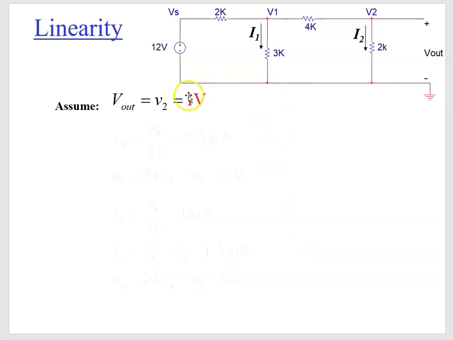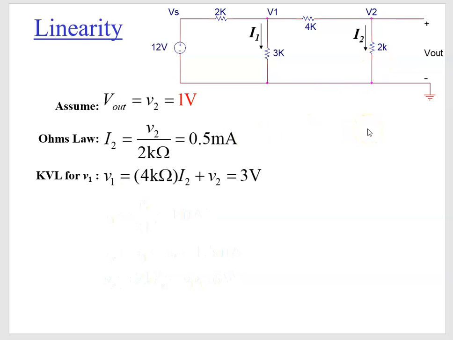So if we look here, we'll assume that our V2, which is Vout, is equal to 1 volt. Well, then this current I2 flowing downward through this 2 kilo ohm resistor must be equal to V2 divided by the resistance, 2 kilo ohms. So we solve for that as 0.5 milliamps. And then as we continue to work backwards, we can solve for V1 by doing a KVL. So our V1, that's from here to ground, has got to be equal to our 4 kilo ohms times I2, right?